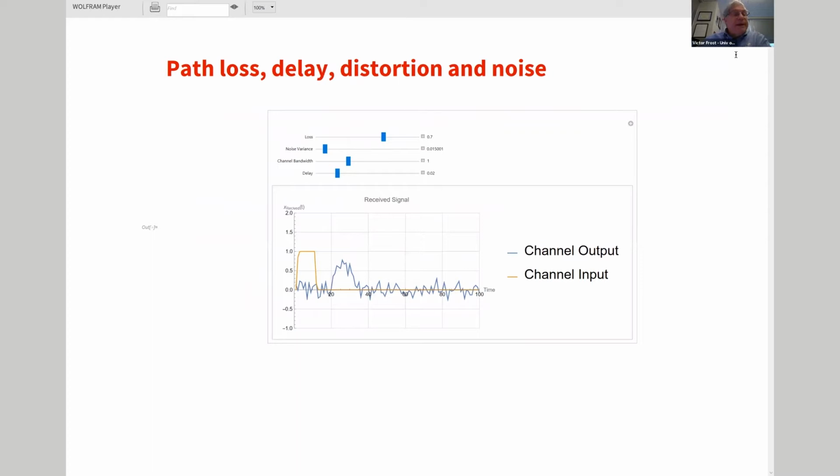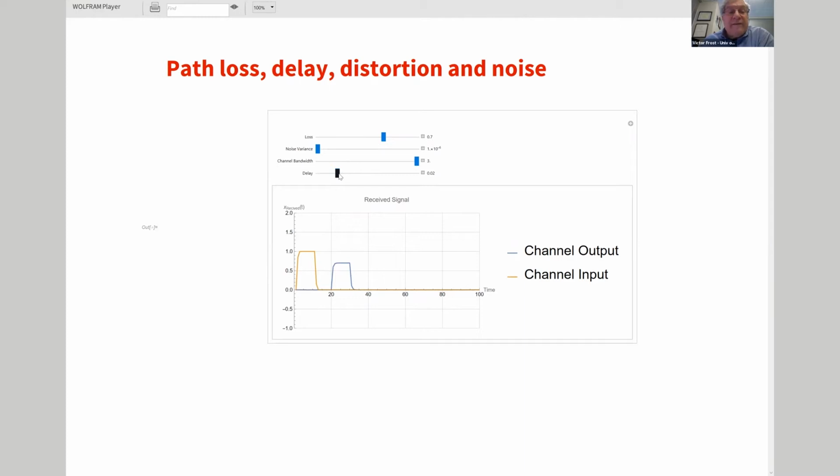So I want to spend the next 10 minutes or so showing some of the interactive graphics and how I bring them into the classroom. This is one I use at the very introduction lecture, where I show them what the problems are in communication systems. So I can make the noise very small and the bandwidth large.